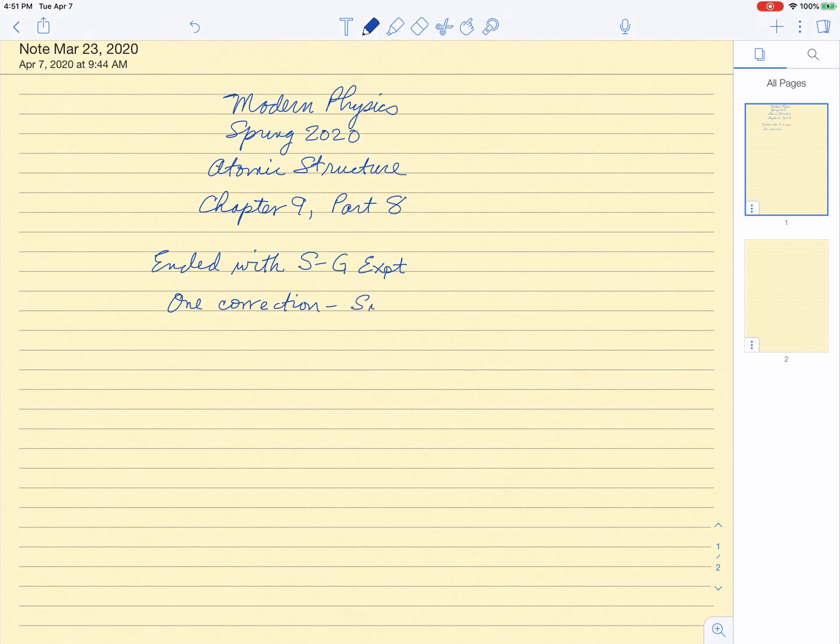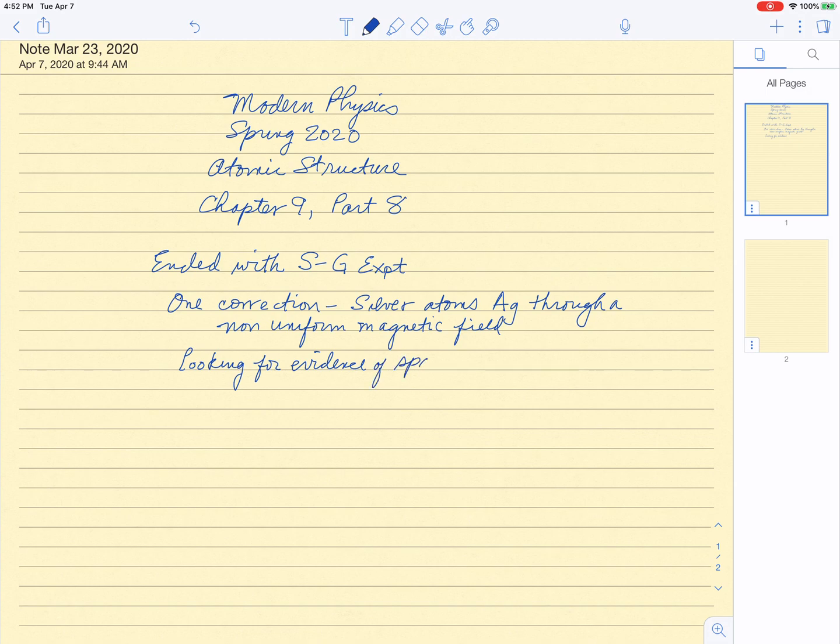So they sent silver atoms through a non-uniform magnetic field. Now remember, they were looking for evidence of space quantization.